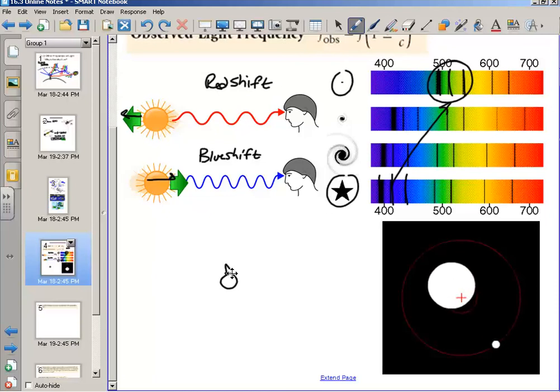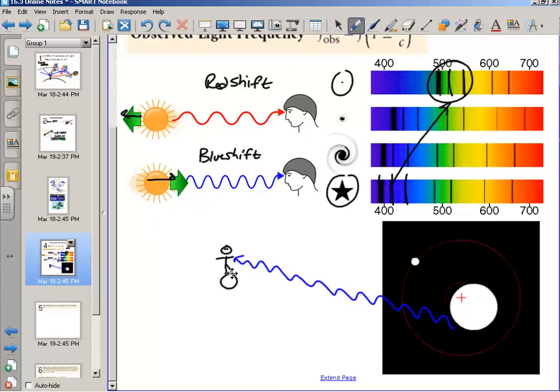Here we are on planet Earth. And when we see a planet going around a star, the planet makes the star wobble. So when the star goes towards us, it gets blue shifted. And when the star goes away from us, the light from the star gets red shifted.